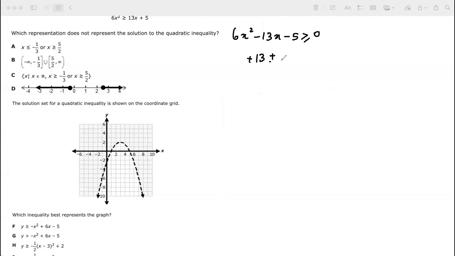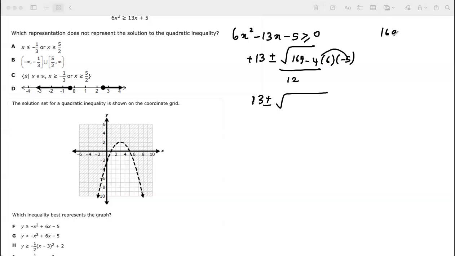Minus b plus or minus square root of b square minus 4ac by 2a. 13 plus or minus, 20 times 6 is 120. So you have plus, okay, I did not see that. 169 plus 49, 218. Oh my God, what is that?